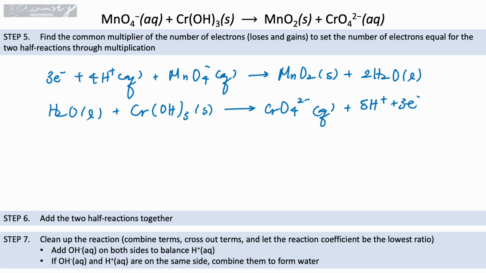Okay, so these are our reactions, and then the number of electrons is 3 and 3, which makes the least common multiple 3, meaning that we don't need to do any additional multiplications to make the two numbers the same.